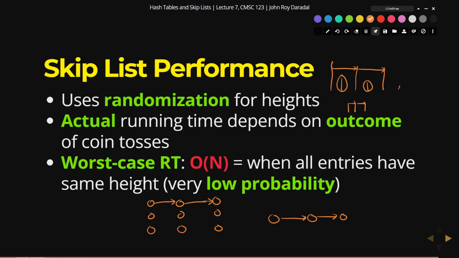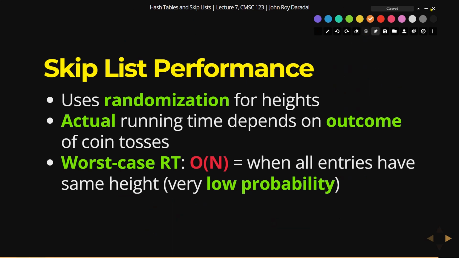But the good news is that having all entries have the same height only happens if you have really bad luck. So that has a very low chance of happening. Okay, so we don't really need to worry much about the worst case running time.